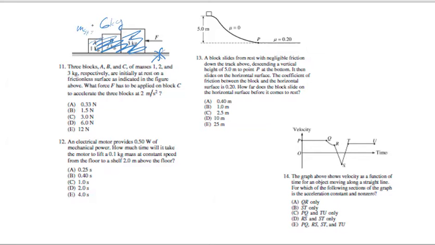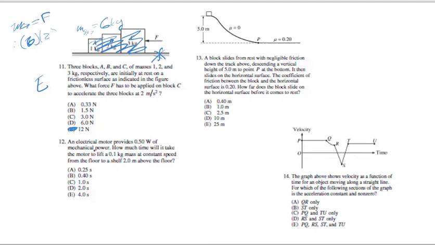That's the mass of your system. So mass times acceleration is going to equal your force. So that'd be 6 for your mass times 2 for your acceleration, that's 12. So the answer to this one is E.